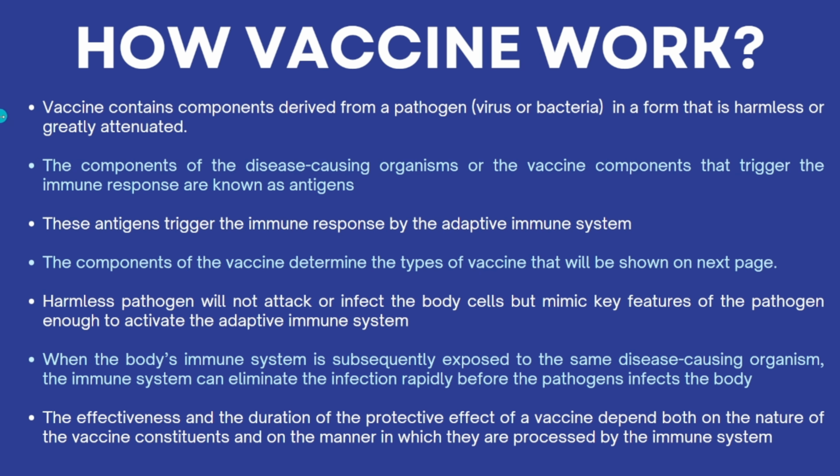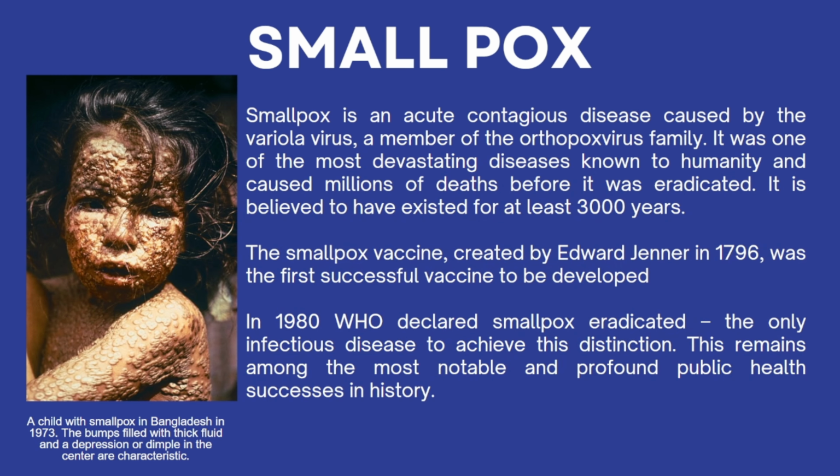Okay, so this is how a vaccine works. Normally a vaccine contains a component derived from a pathogen. So it actually still contains the pathogen, but this pathogen is harmless or greatly attenuated, meaning that they already removed the harmful gene of the virus.